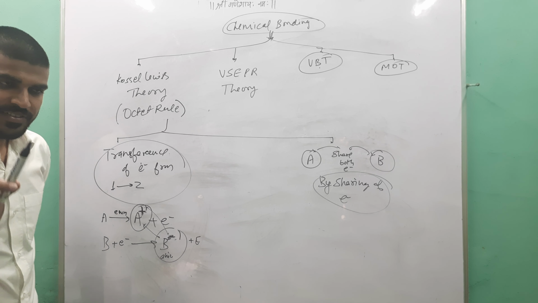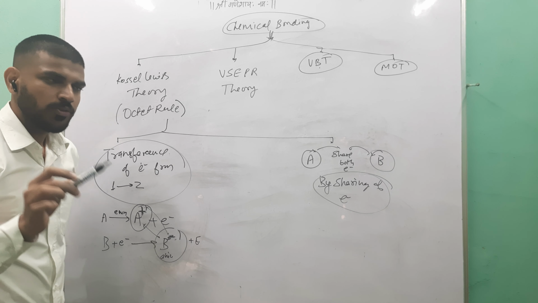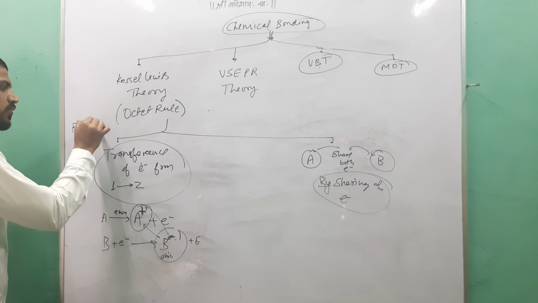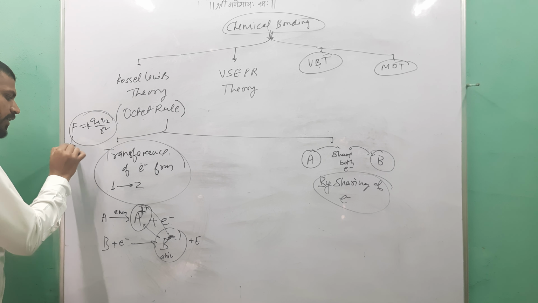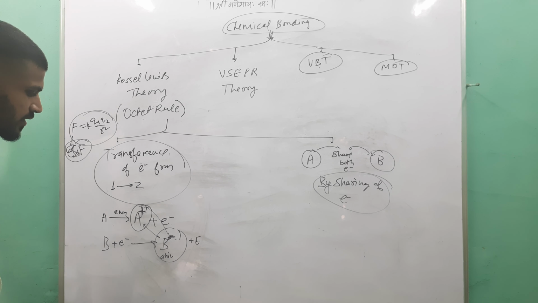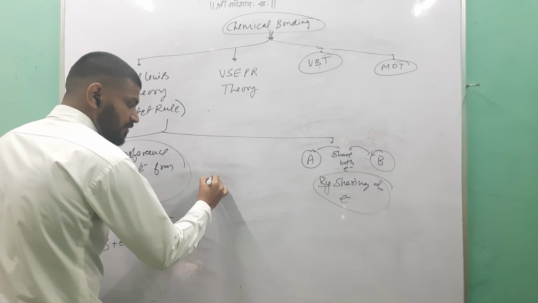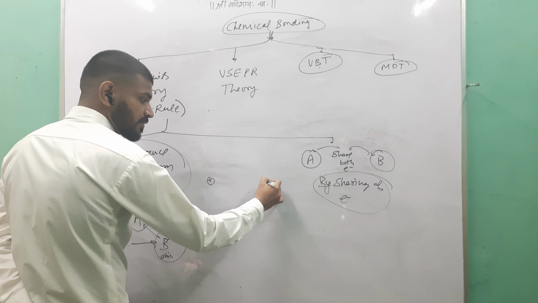In physics first chapter, I guess, there is a formula F is equal to K Q1 Q2 upon R square. This is called electrostatic force. Look, this is positive, means a positive charge. This is negative, means a negative charge.